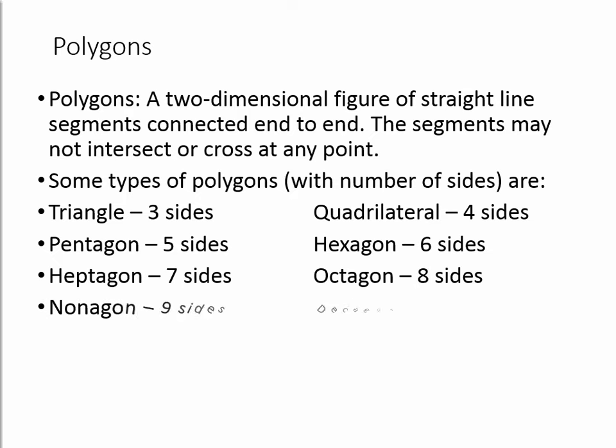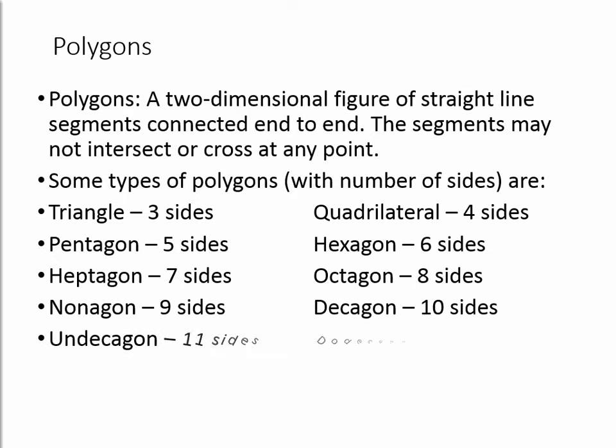Now let's also move to nonagon for 9 sides and decagon for 10 sides. If you see nona, the beginning sounds like 9. Nonagon is 9 sides. Deca, you guys have heard decade, which is 10 years. So decagon is 10 sides.